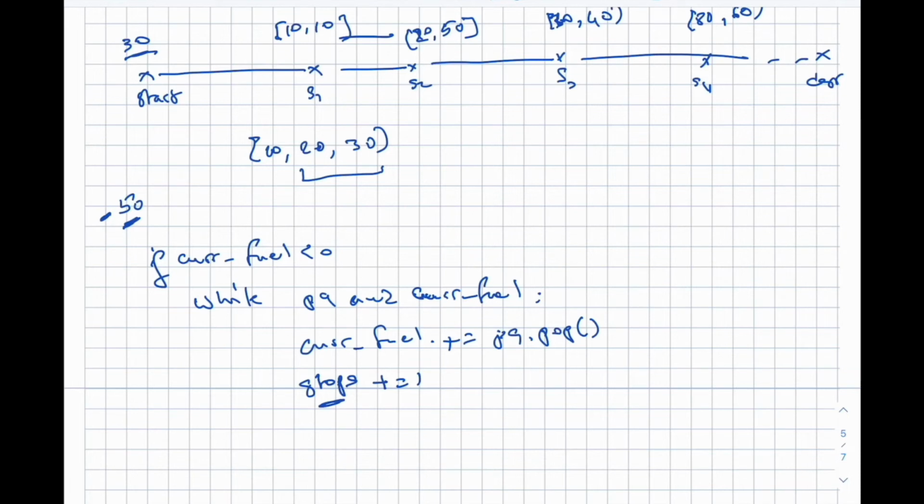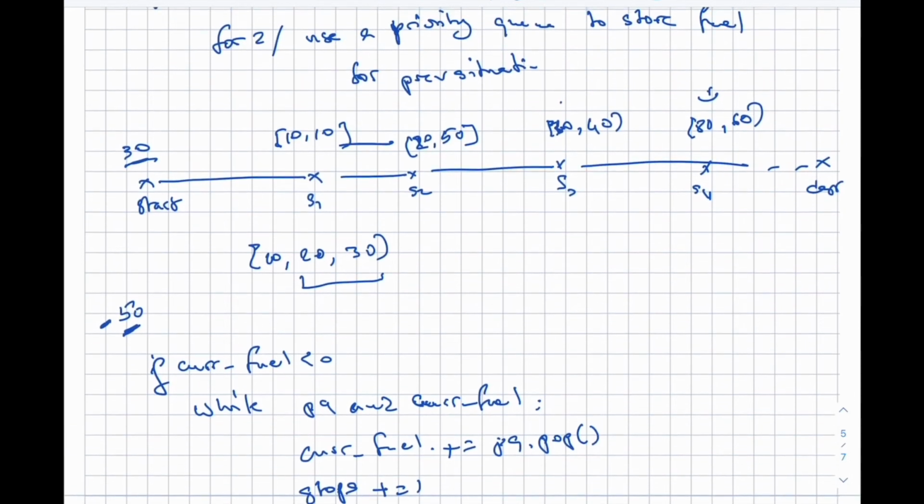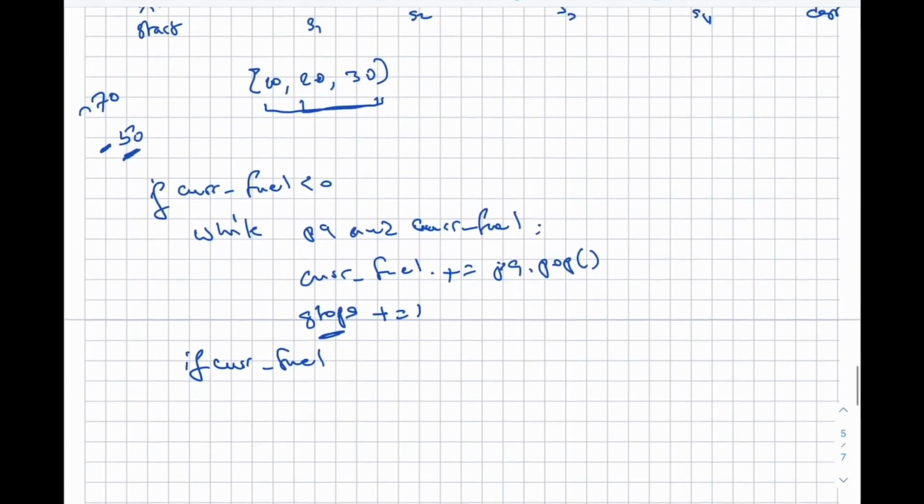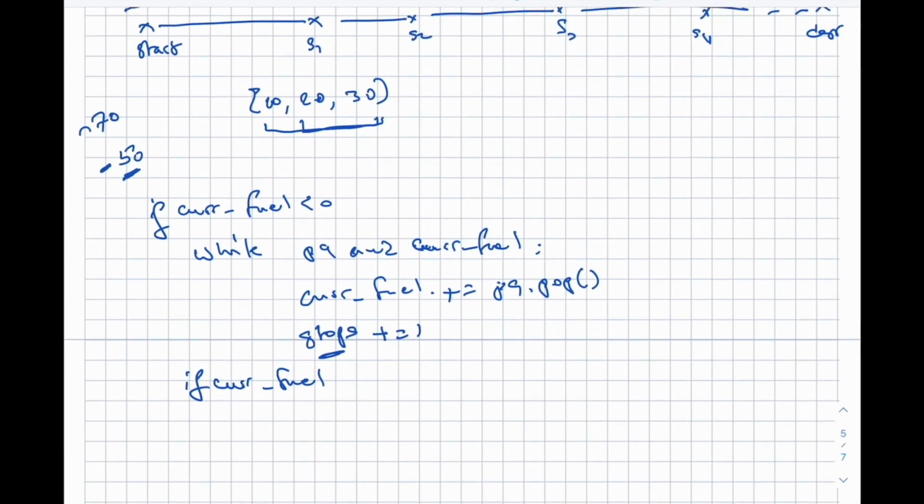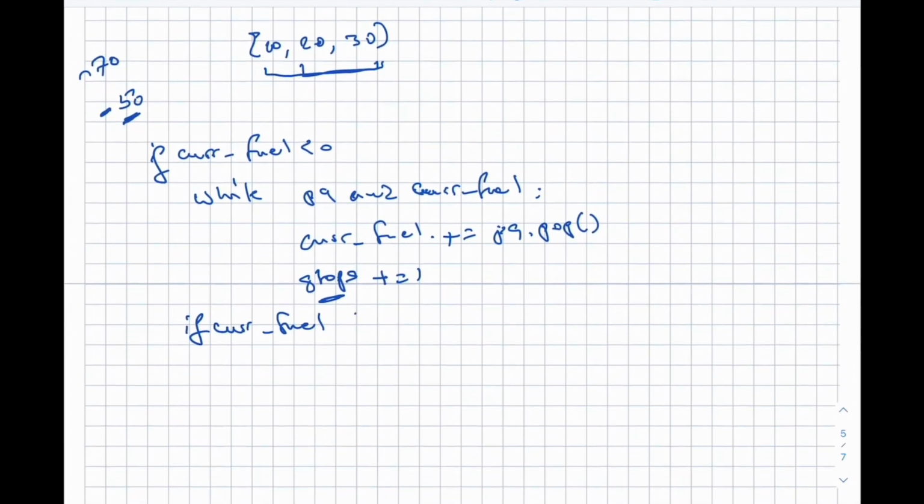Now, if we pop everything from the current priority queue and we still have current fuel smaller than 0, let's say for example here we have it instead 100 miles, which means we need 70, minus 70. But this gets us only 60, so it's not possible. So if after popping from all the stations we've seen we still have this smaller than 0, that means we need to return -1.